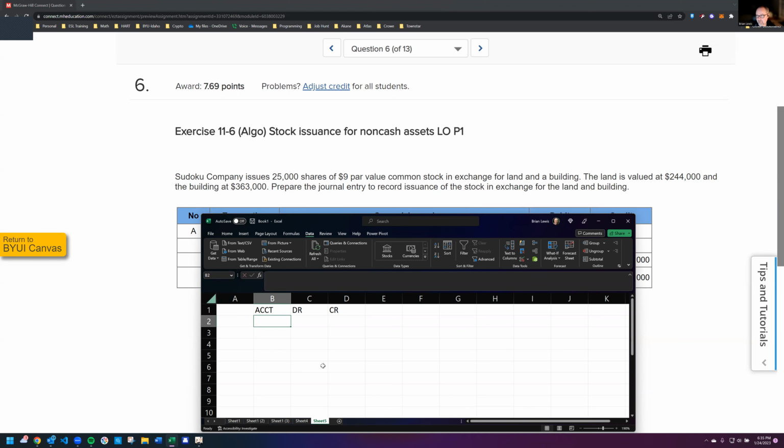So first of all, let's just look at land. That's valued at 244. So we know we've got an increase in land value, assets for land.